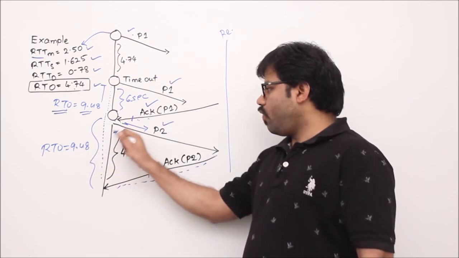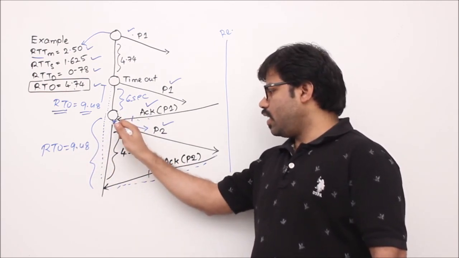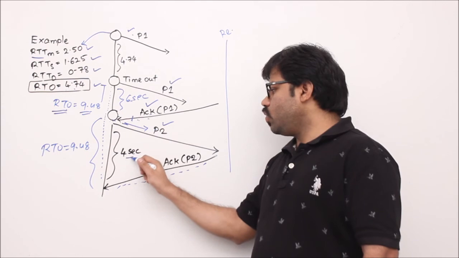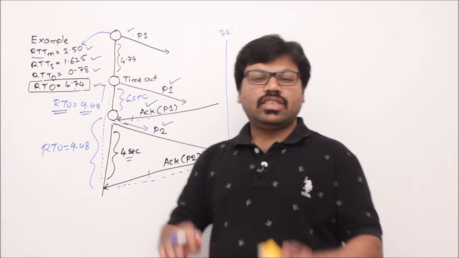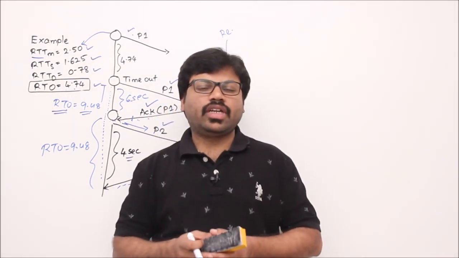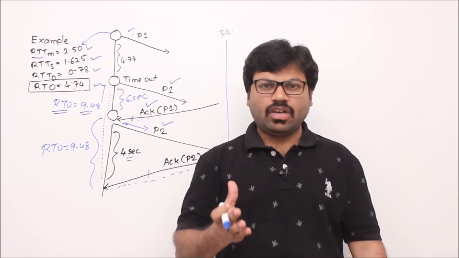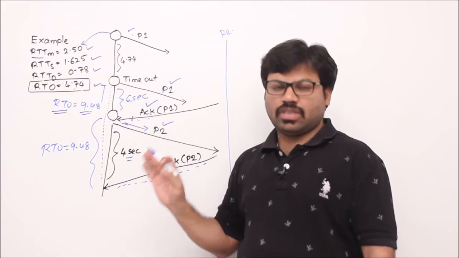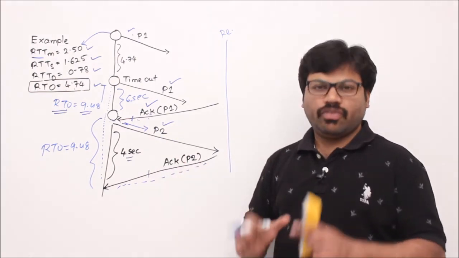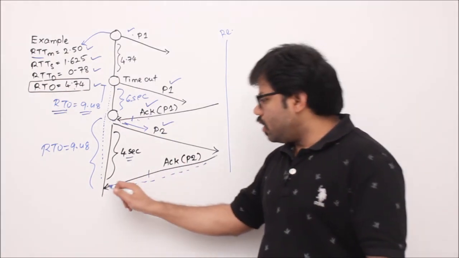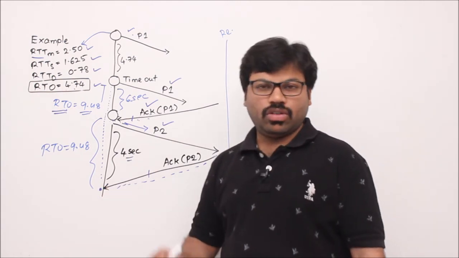Before 9.48 seconds it arrived; you started sending P2 and within 4 seconds you got it. That means this is the right acknowledgement. How to detect whether it is right or not? Simple. Before retransmission, if the timer times out and your ACK packet comes, that means we have to do the calculations now. This is the point where we are going to do the calculations.